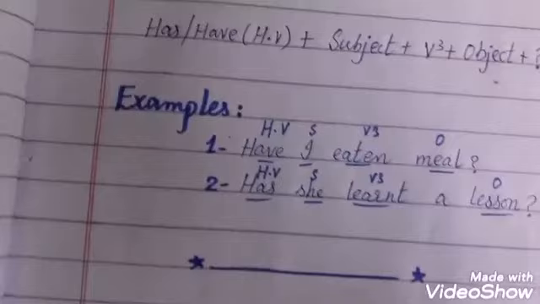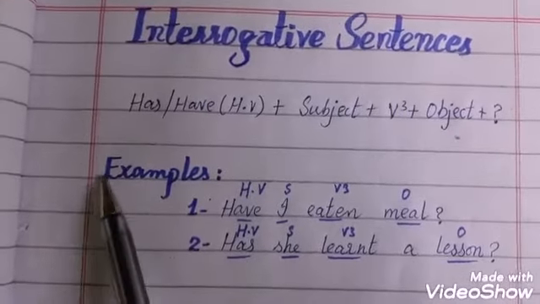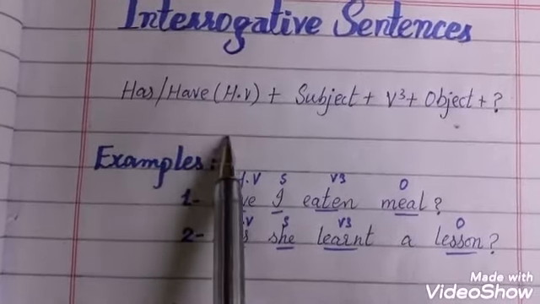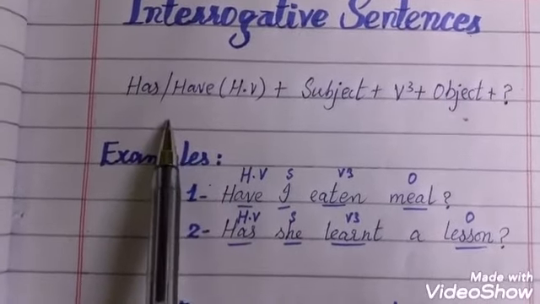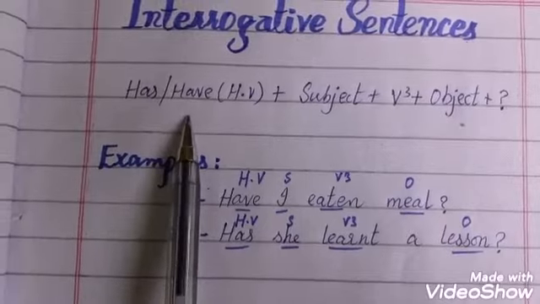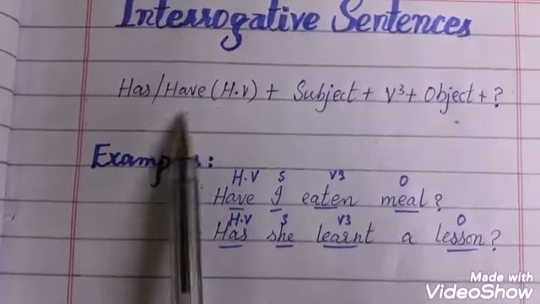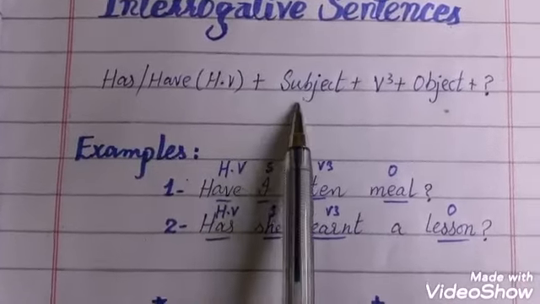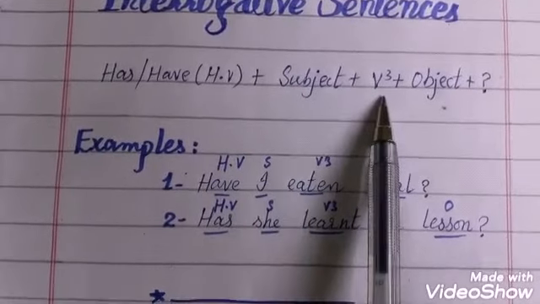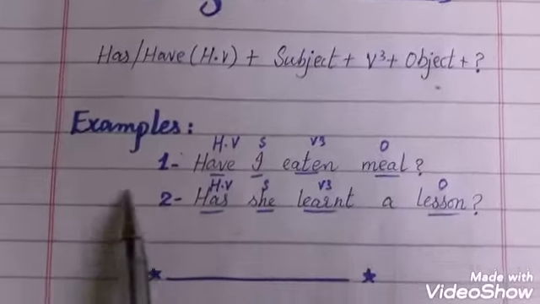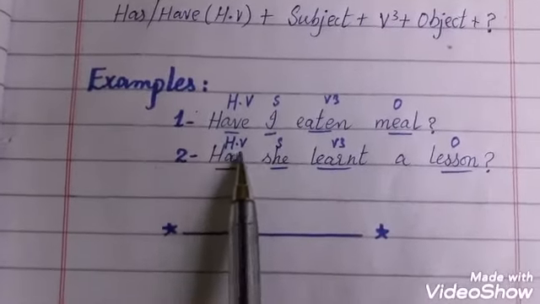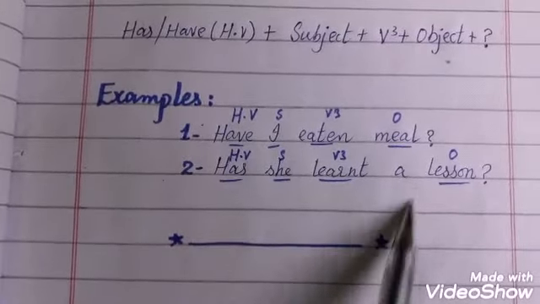Now move towards interrogative sentences. To make interrogative sentences, we know already that we use helping verb first of all. So helping verb will be used first, has or have, then subject, then past participle, object, and in the last we use question mark. Its example is: have I eaten meal?